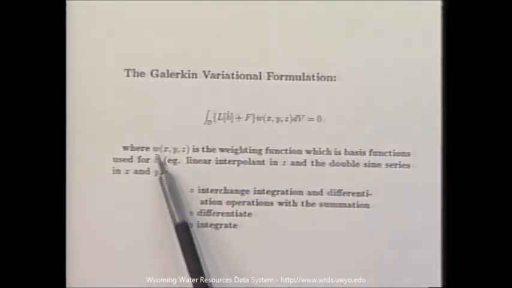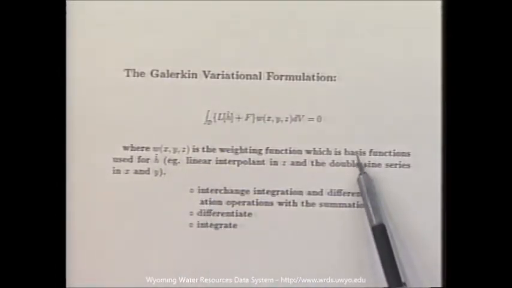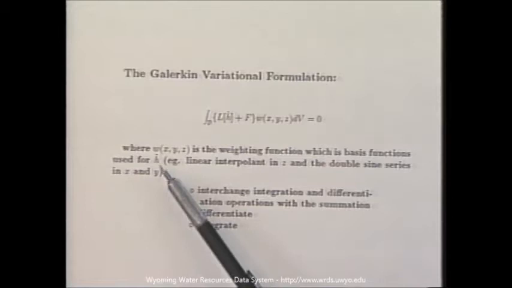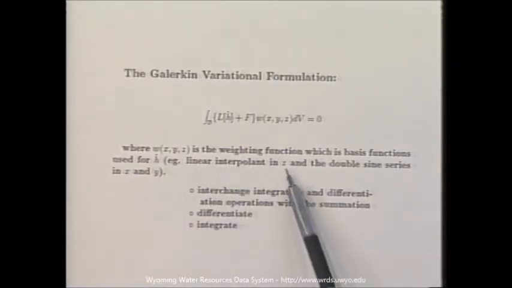In the Galerkin sense, the weighting function is really just the basis functions used for your approximating polynomial, or your approximating function. In this case, we used a linear interpolant in z and a double sine series in x and y. And that will be our weighting function.